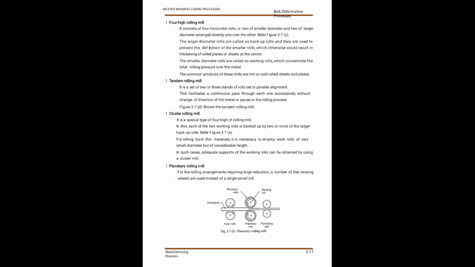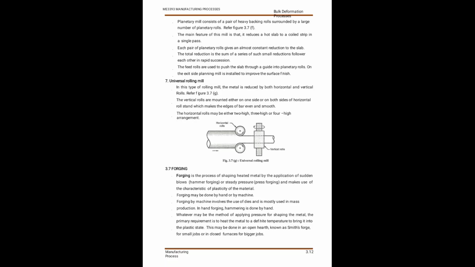For rolling arrangements requiring large reduction, a number of freely rotating wheels are used instead of a single small roll. Like the diagram, the planetary mill consists of a pair of heavy backup rollers surrounded by a large number of planetary rollers.